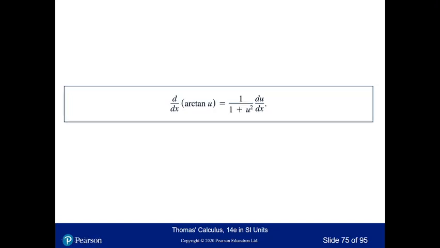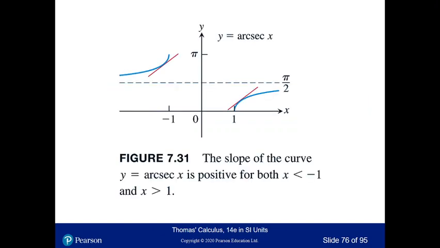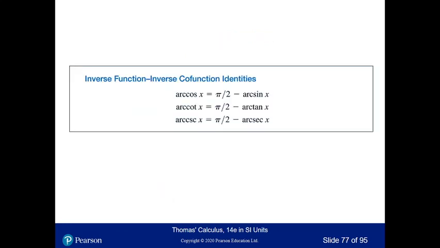The derivative of arctangent is 1 over 1 plus u squared times du dx. So let's look at the arcsecant. For x greater than 1 and x less than negative 1, the slope is positive, it says.